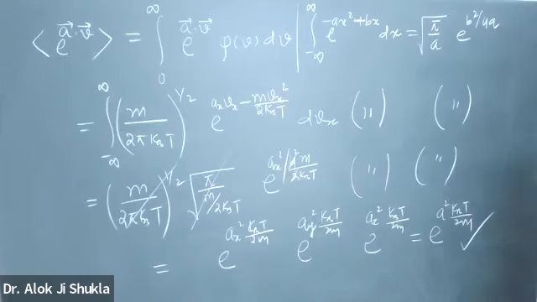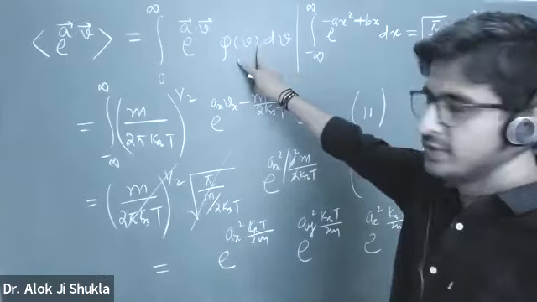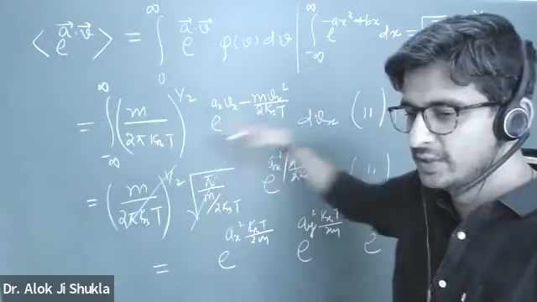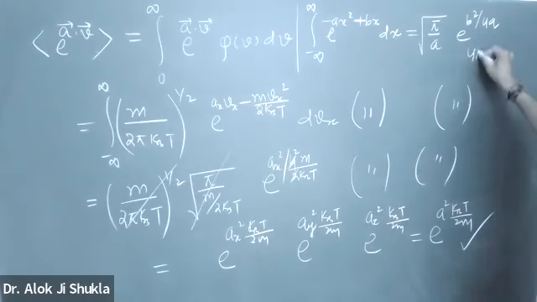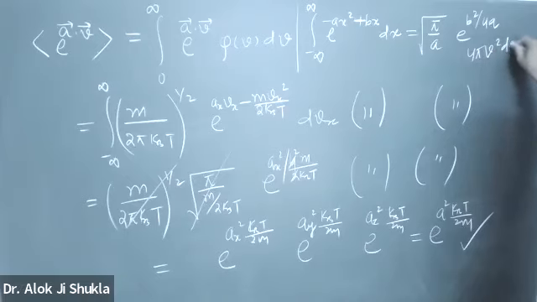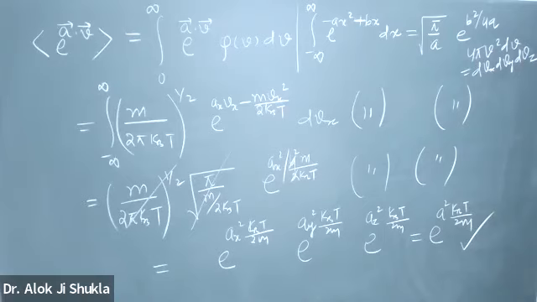So I hope you understand that I have converted this 3 dimension into 1 dimension, into 1 dimension, into 1 dimension. I have told you, correlating 4 pi v square dv to dvx, dvy and dvz. Is this understood?